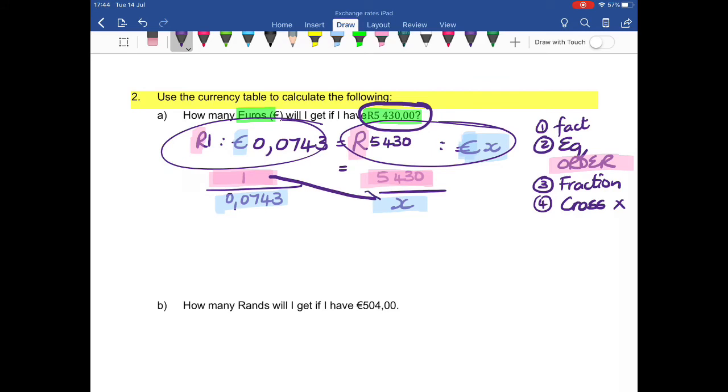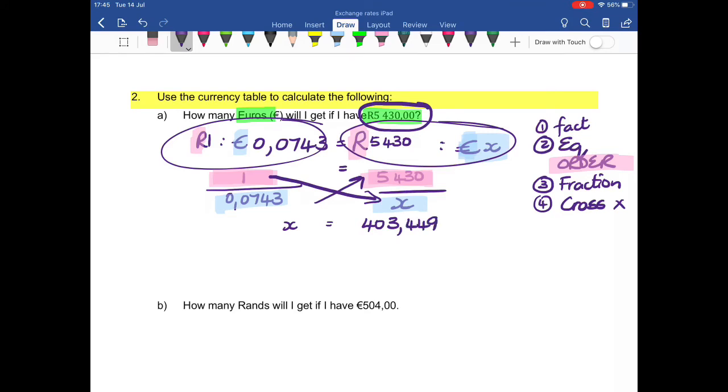So when I cross multiply, 1 times x is x equals, out with your calculator, and we're going to do that calculation quickly. 0.0743 multiplied by 5430 equals 403,449.